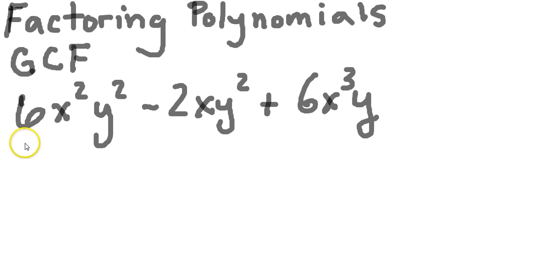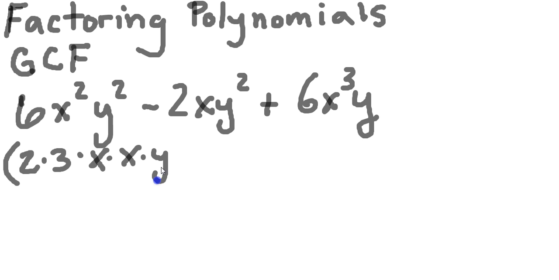Looking at the 6x squared y squared, let's break it down into its base terms. So open parentheses, 6 is 2 times 3, x squared is x times x, and y squared is y times y. So we have open parentheses 2 times 3 times x times x times y times y, close parentheses, minus our second term, which is 2xy squared.